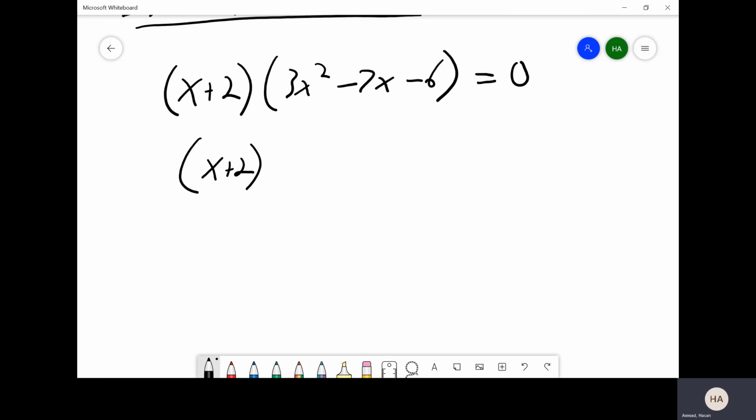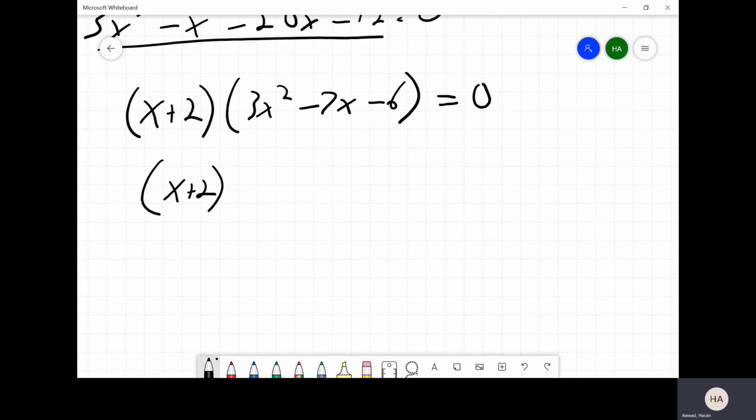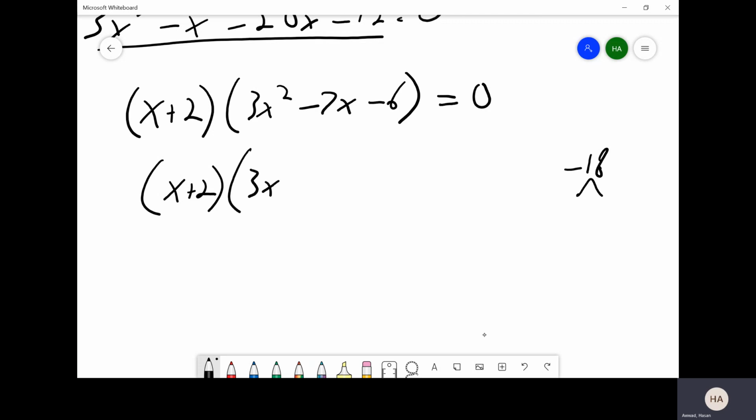Going way back to what we first learned. So 3 times negative 6 gives you a negative 18, and we need to think about two numbers that add together to give you a negative 7 and multiply to give you a negative 18. In this case, it's going to be negative 9 and positive 2, right? So we have 3x squared minus 9x plus 2x minus 6 is equal to 0.